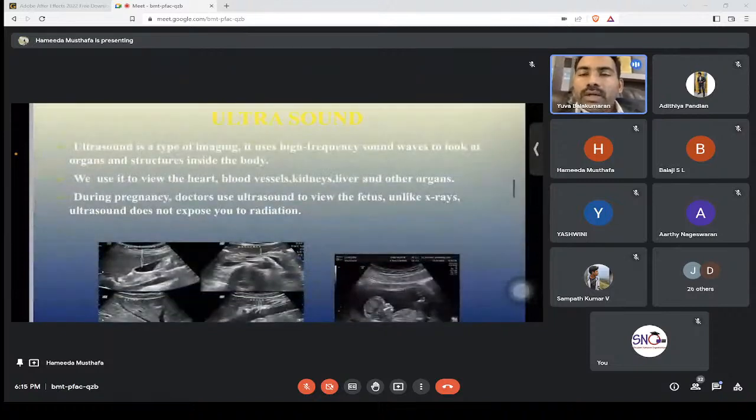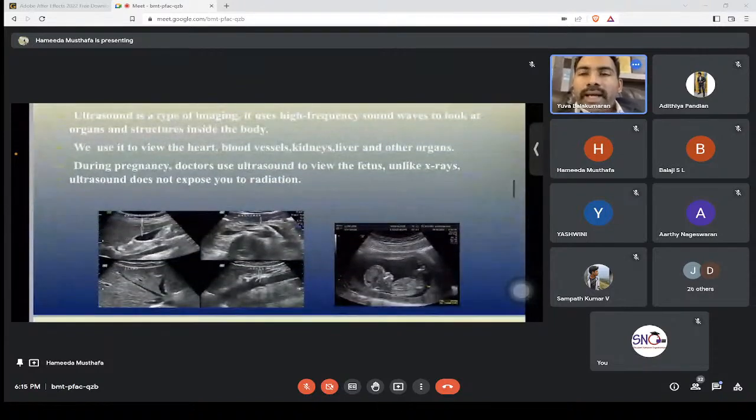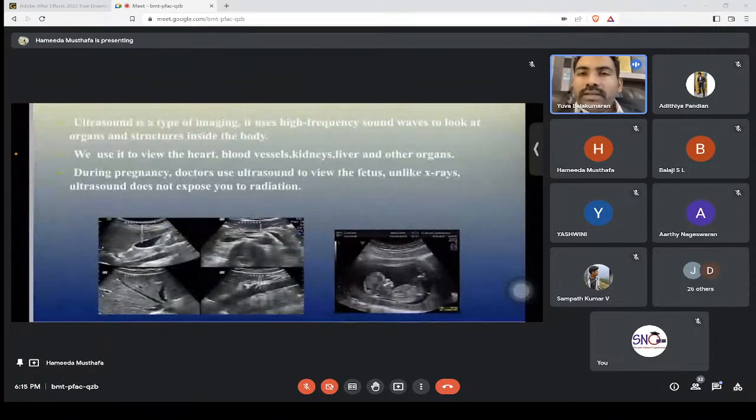Okay. So not only for antenatal care or to see the fetus, all the structures inside the abdomen we can visualize through ultrasound. Ultrasound is a type of imaging that uses high frequency sound waves, not audible to our ear, to look at the organs and structures inside the body.